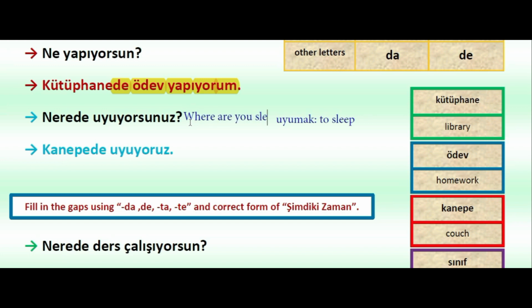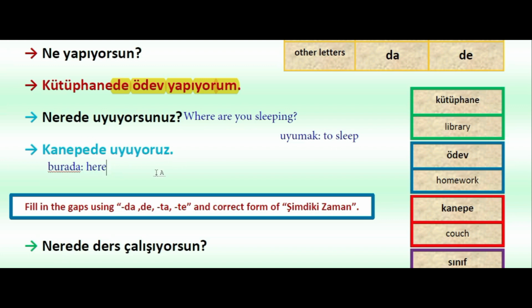And that person answers, we are sleeping, because here it asked with sunuz. So we are asking siz. "Siz nerede uyuyorsunuz?" And they said, "Biz kanepede uyuyoruz." Not burada, kanepede. Burada means here, by the way. Later we will talk about nerede and burada, etc. For the present, let's say nerede is where and burada is here.